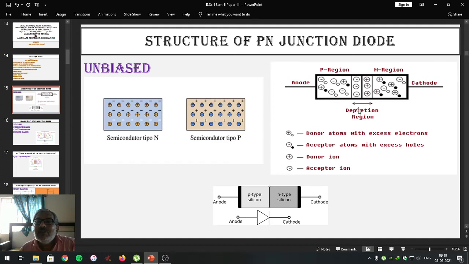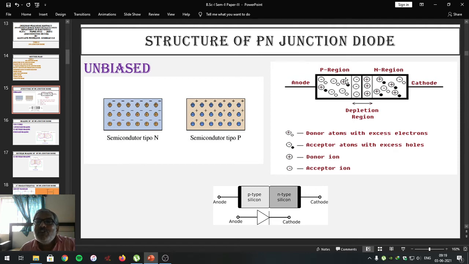Both are placed together and heated at about 1200 degrees centigrade. What happens is electrons from the N region will enter into the P region. When it enters the P region, a positive ion is generated at the junction. Simultaneously, when a hole jumps from the P region into the N region, a negative ion is created very near to the junction.